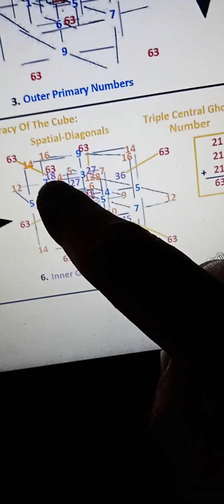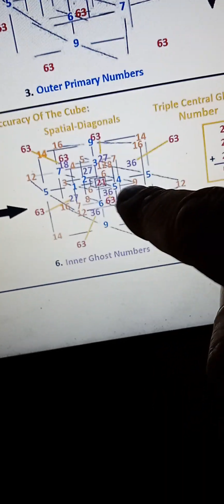So that's 3, 1, 2, 4, 3, and 5 equals 18 for the purple inner ghost number. Same applies for each octant, you just get the 6 numbers. In this case, 2, 6, 4, 7, 3, and 5 equals 27. Do that for all the inner octants.